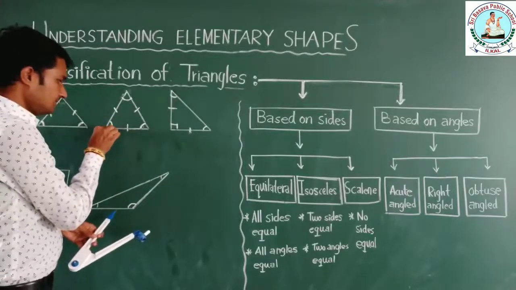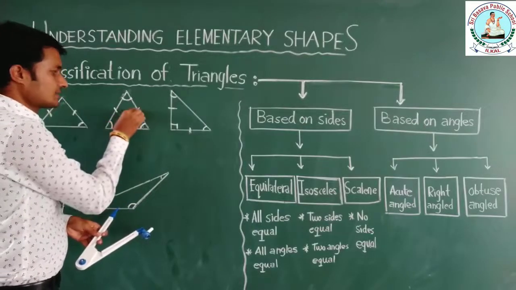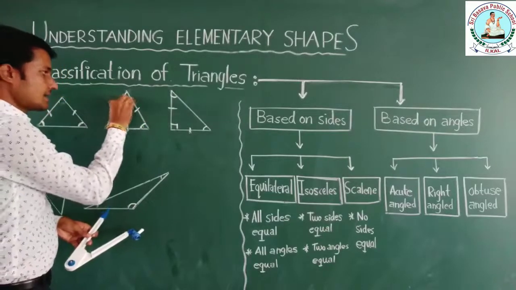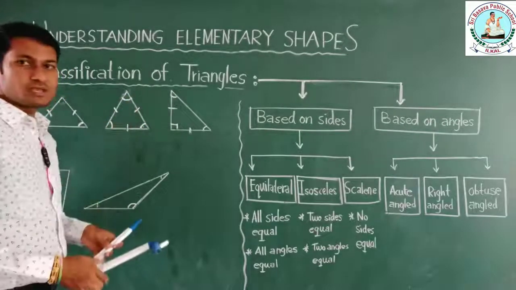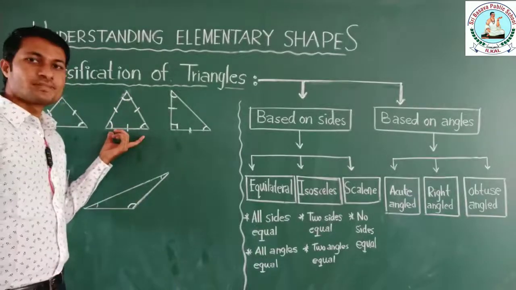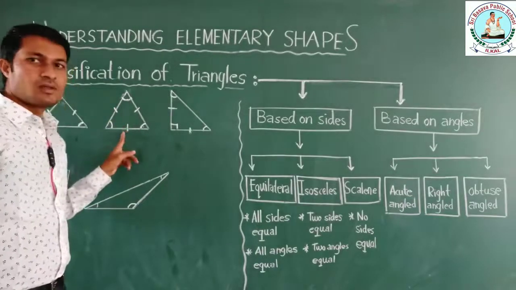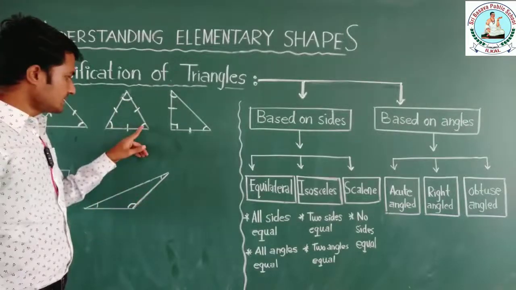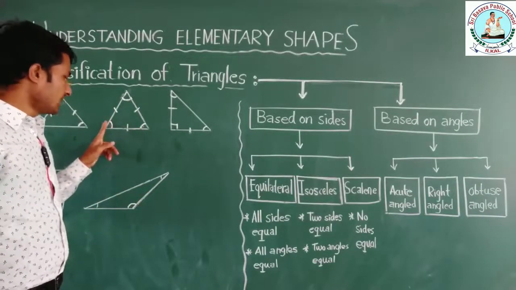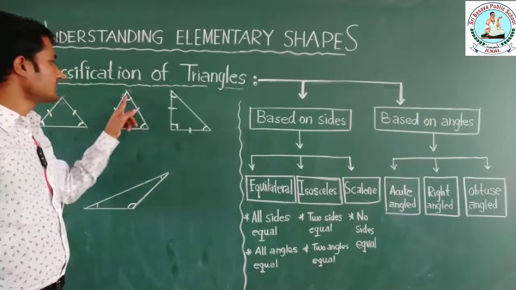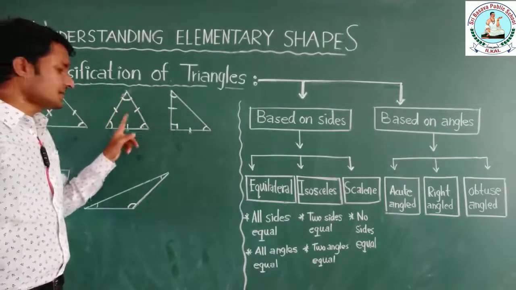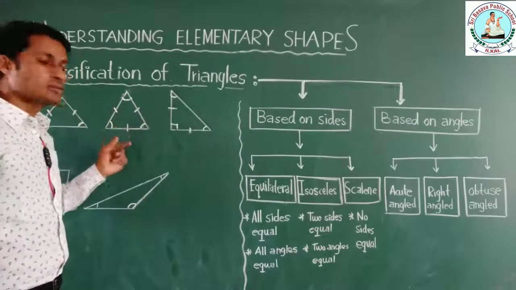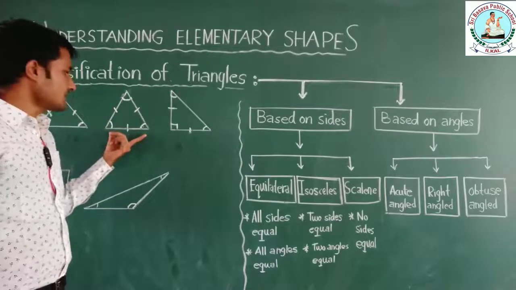This angle corresponds to this side, and this angle corresponds to this side, and this angle corresponds to this side, which means in a triangle if the three sides are equal, then their angles will also be equal. If this is 60 degrees, this will also be 60 degrees. If this is 60 degrees, then this will also be 60 degrees because all the three sides are equal here. That is why all the three angles will also be equal in such a type of triangle.